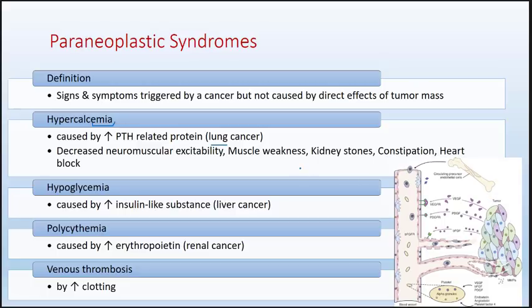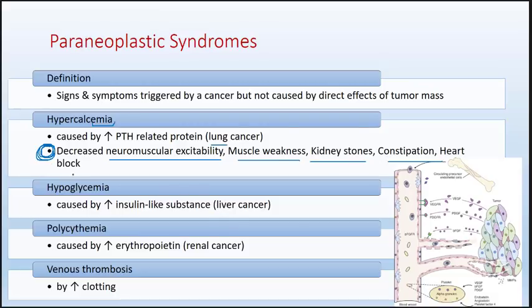When this hormone is released in excess, as I mentioned, calcium levels are far too high, and what can be seen is anything related to too much calcium in the blood and not enough in other areas: decreased neuromuscular excitability, muscle weakness, kidney stones, constipation, heart block. The calcium is also going to be taken from bones as well. Bones are going to be broken down to put more calcium into the blood. So all around, not good for overall body function.